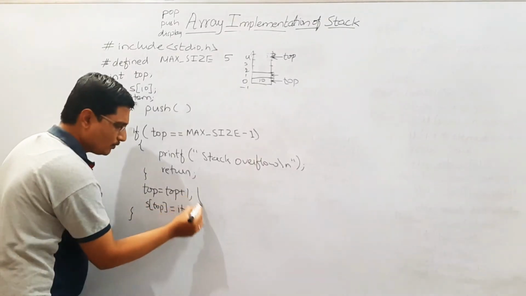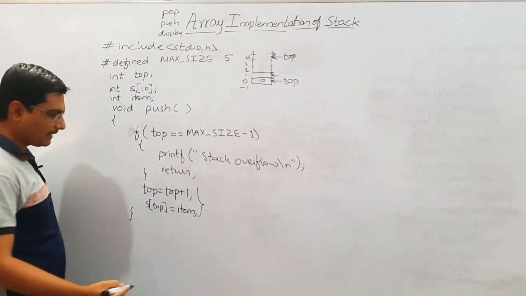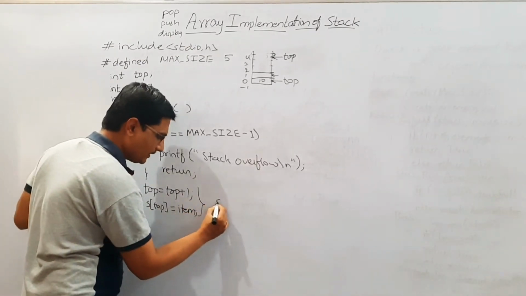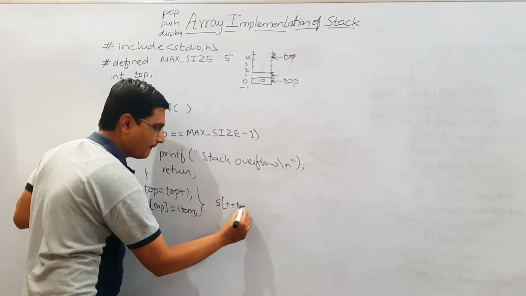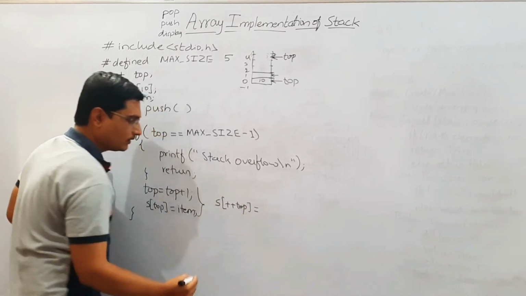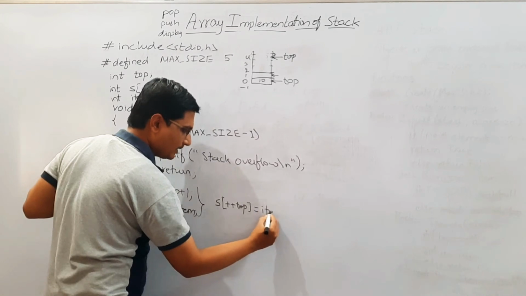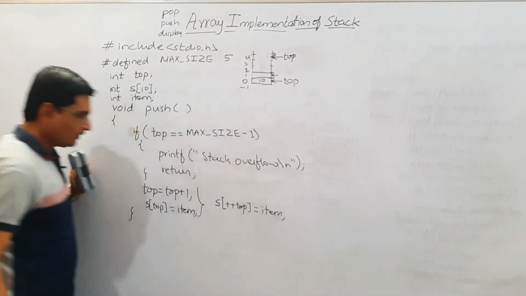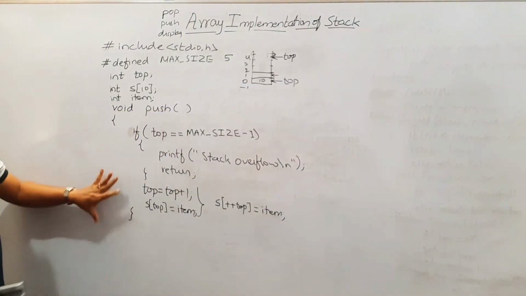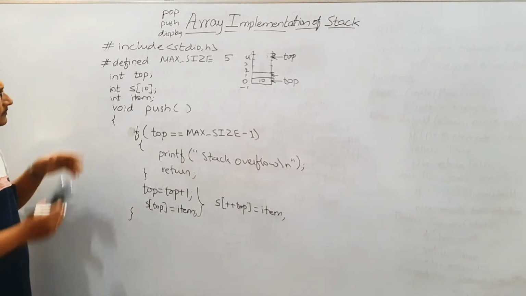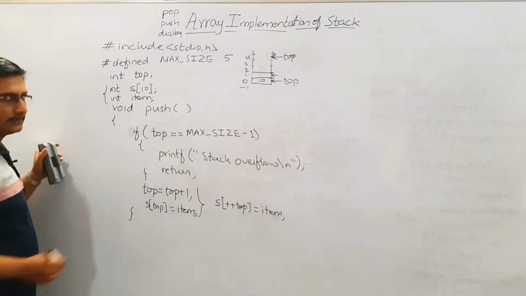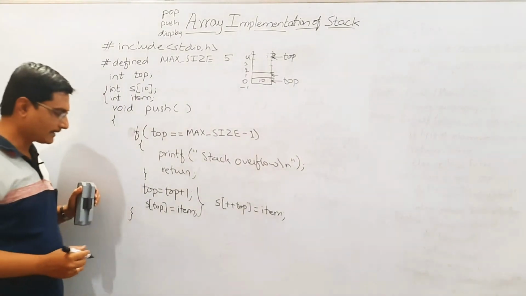These two statements can be replaced with a single statement like S of plus plus top equal to item. This can be done like that also. If you want to implement this for characters, then these should be declared as character.